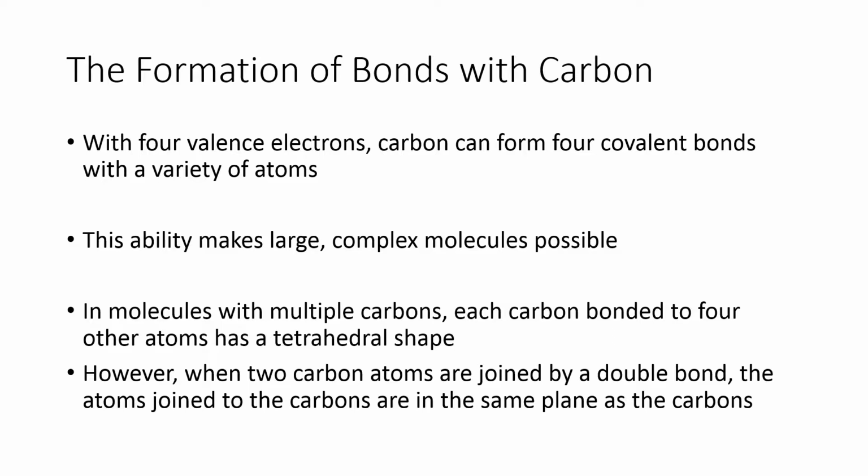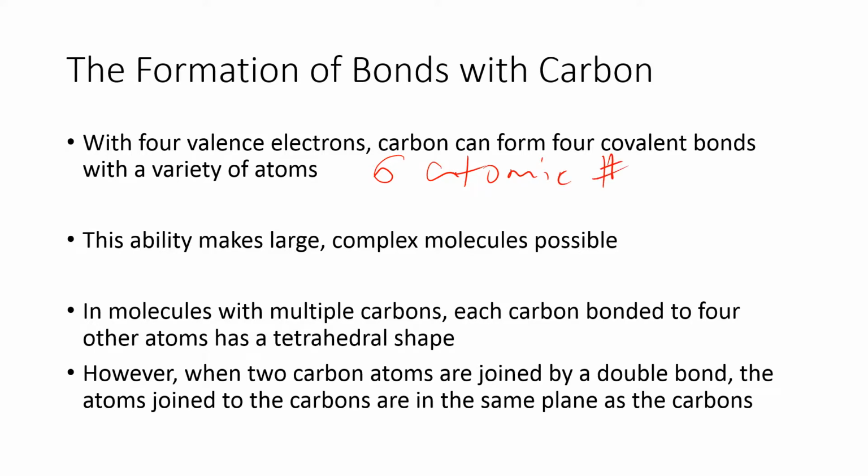So you think about carbon. If you look at carbon on the periodic table of elements, you'll notice that it has an atomic number of 6. So this is its atomic number.